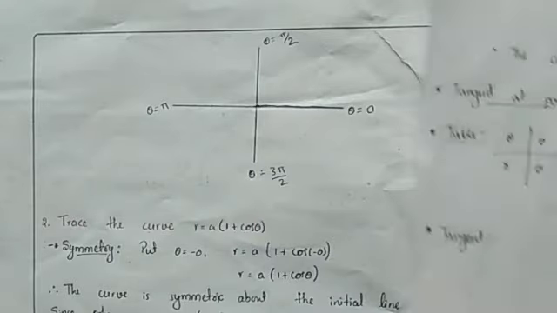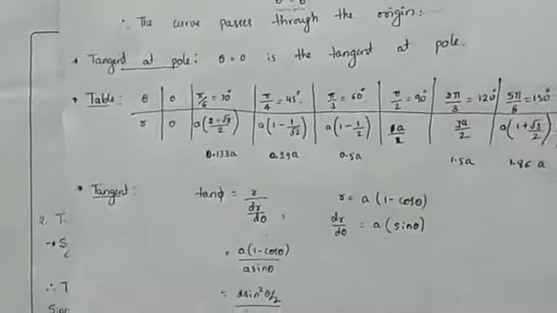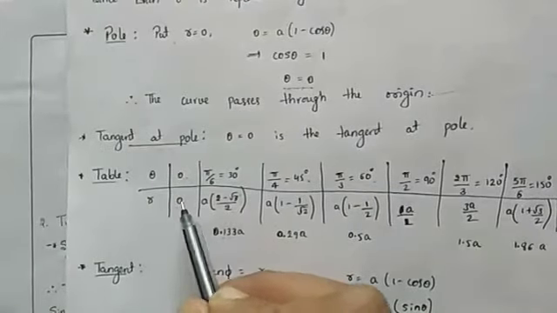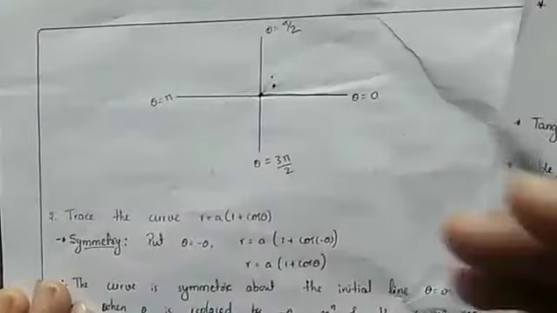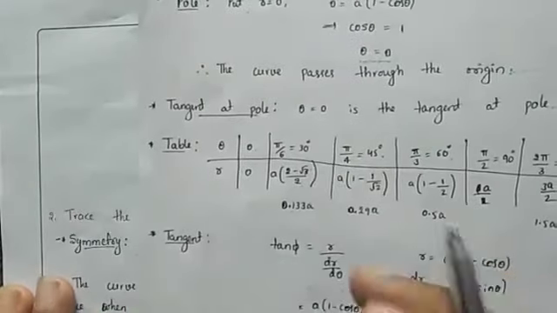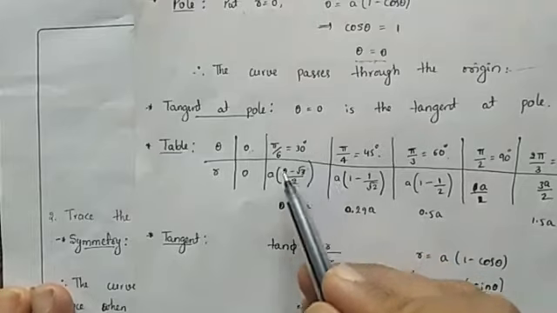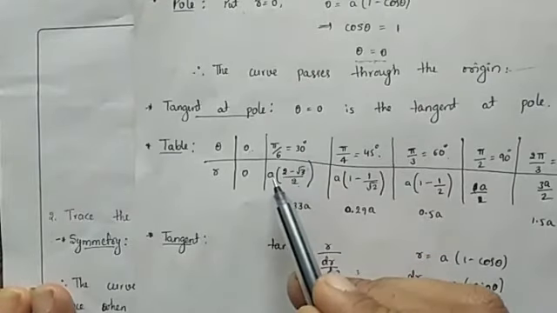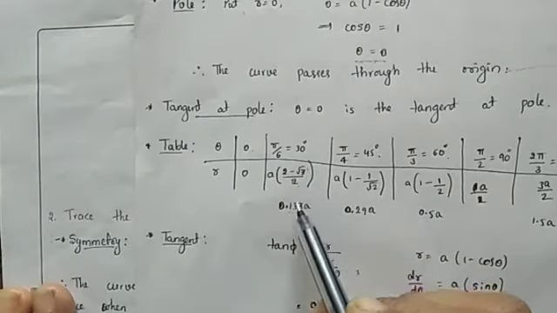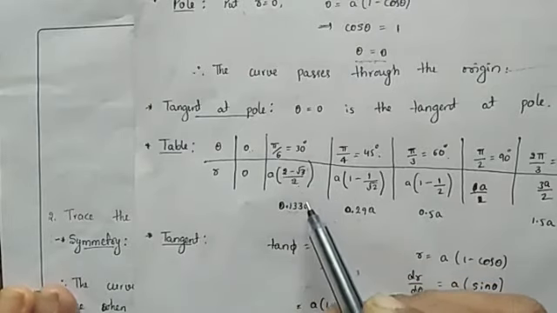The next one is the construction of the table. For theta is equal to 0, we get the r value is 0. For theta is equal to 30 degrees, we get the value of r is a into 2 minus root 3 by 2, which is nothing but 0.133a.